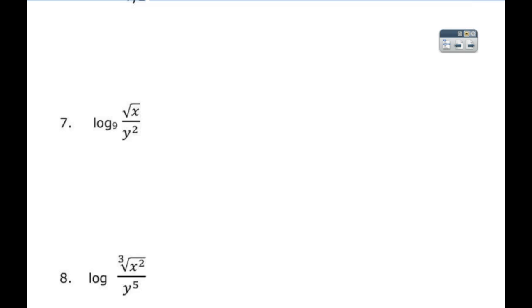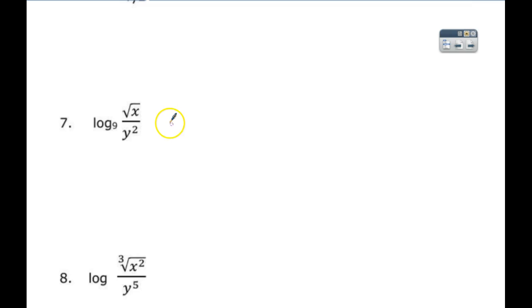No. So, what do I do next? First of all, it's the square root. So what is the exponent here? X to the what? It's not 2. That's your base. Who said 3? There's not even a 3 in the problem. Okay, shh. How do we write square root as a fraction? 1/2.